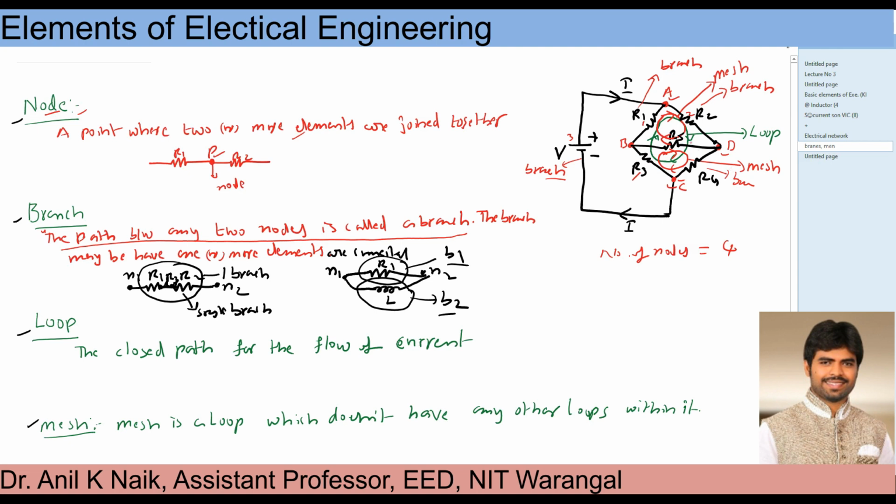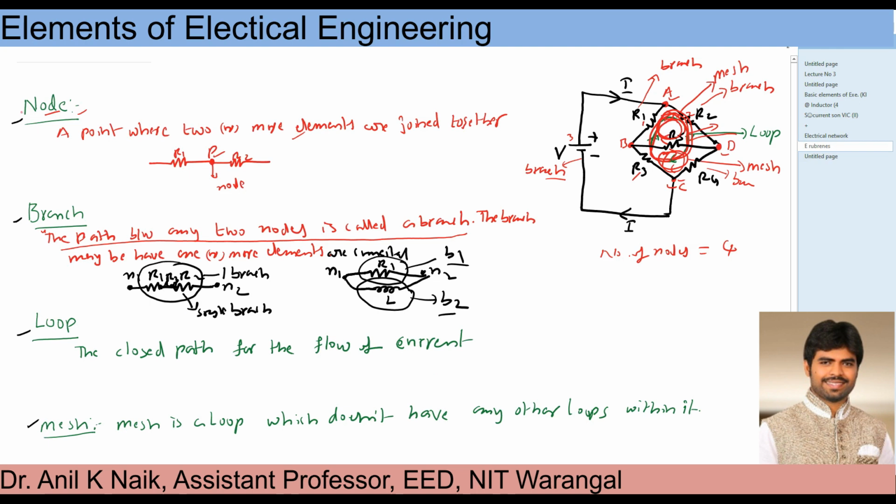But when it comes to this green part, this big loop, we again have loops within it. So by this definition, this can be called a loop, but it cannot be called a mesh. A mesh is a loop within which no loop should be present. So that is the meaning.